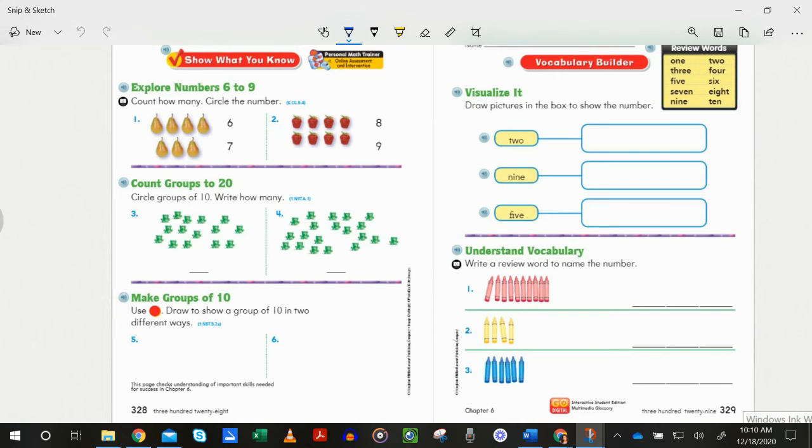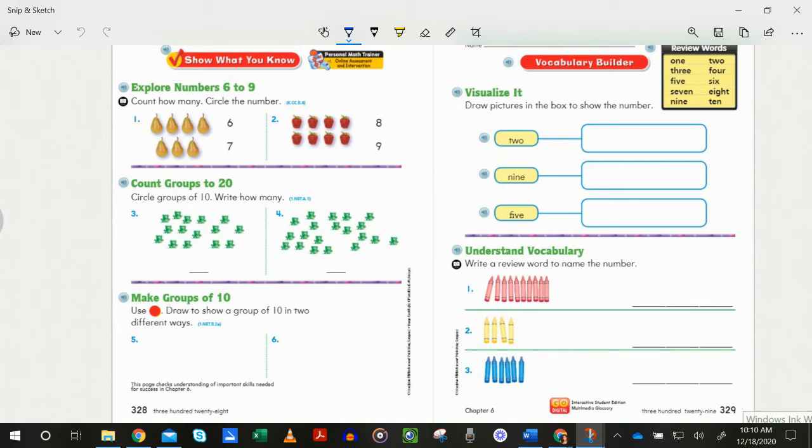Number 3 and number 4, first it says to circle groups of 10. So when you find a group of 10, put them all together. And then write how many bears there are in all on the little line. Okay.